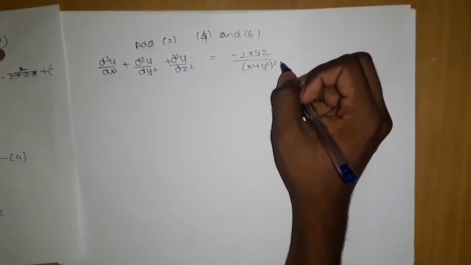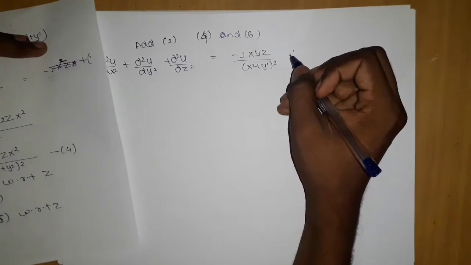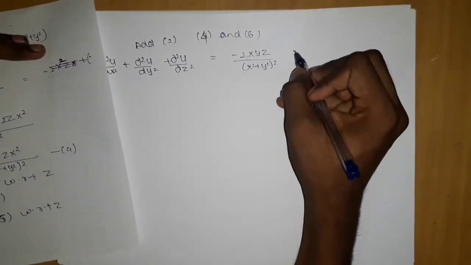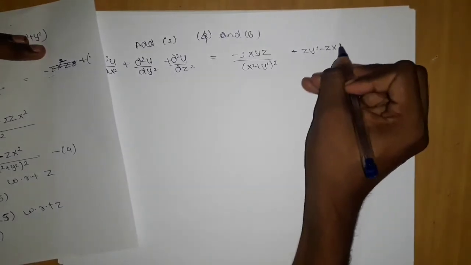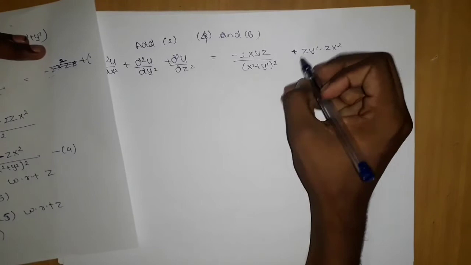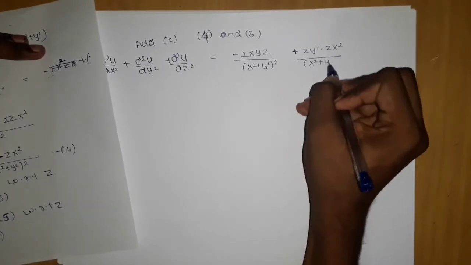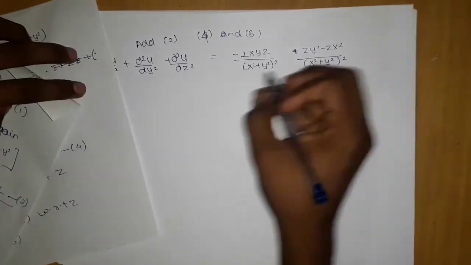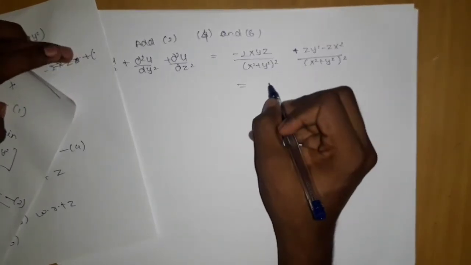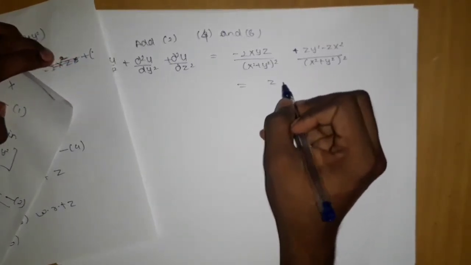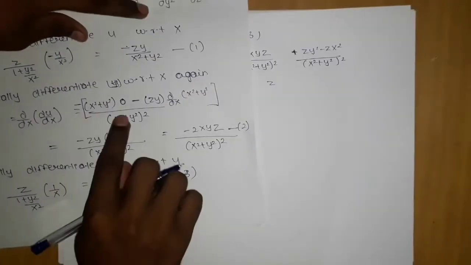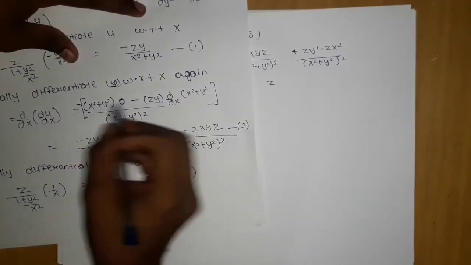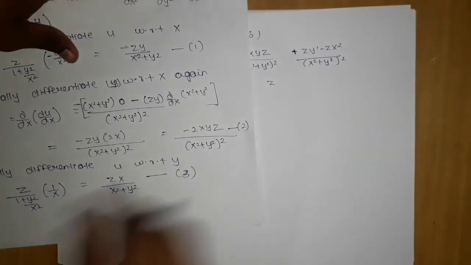Similarly, this thing is minus zy square minus zx square by x square plus y square the whole square, and when they add on, what are we going to get? Let me check whether we have made any mistake. The minus sign will move inside.